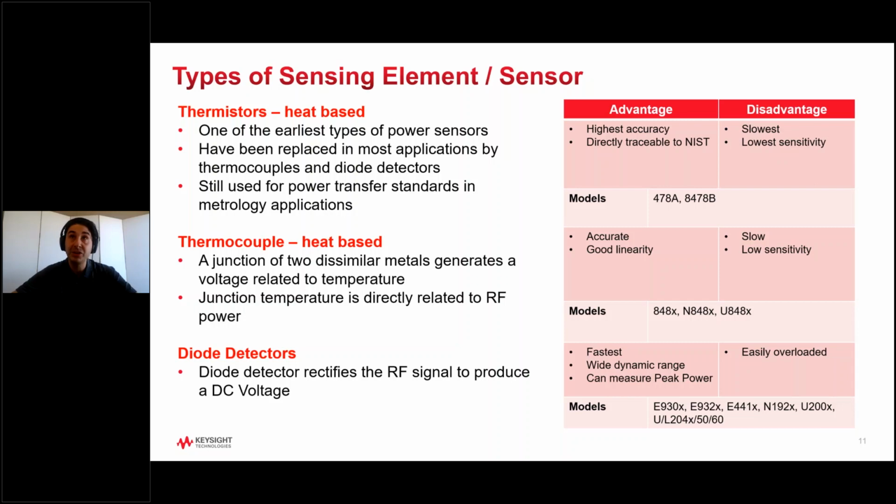Now, as an advantage, they're very accurate and they're directly traceable back to NIST, but they're slow and they have low sensitivity. You might see these as models hanging around in your lab as a 478A or an 8478B. They were one of the first types of sensors to measure RF and microwave power.